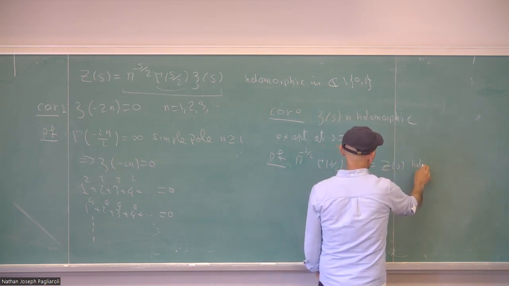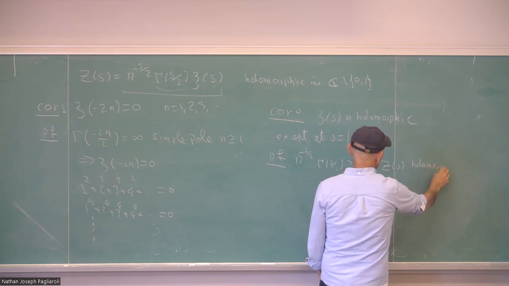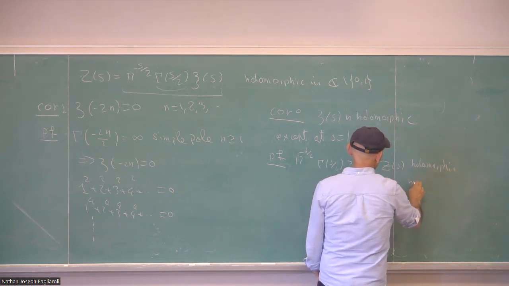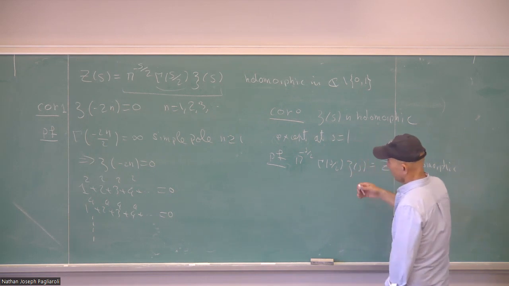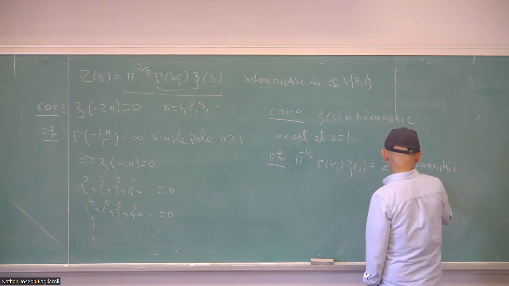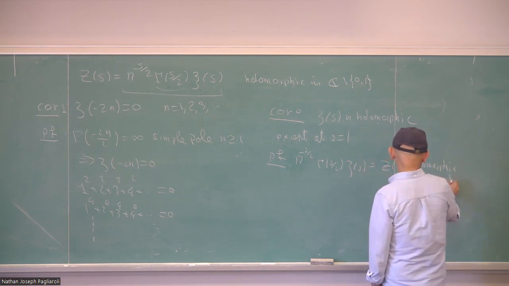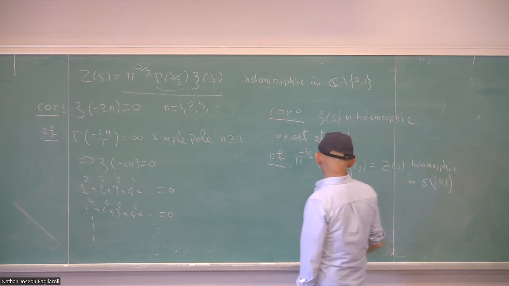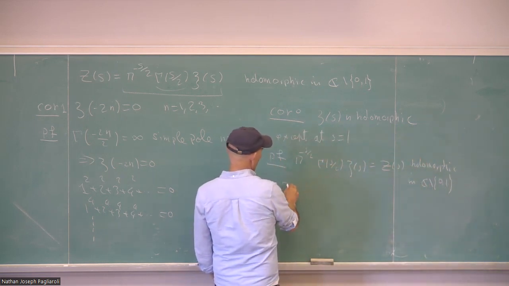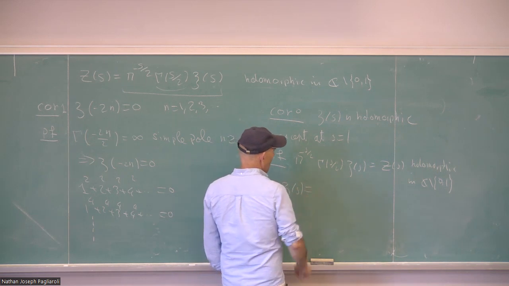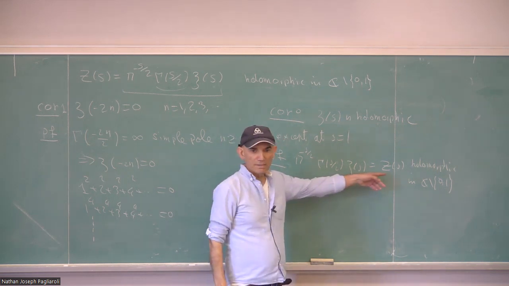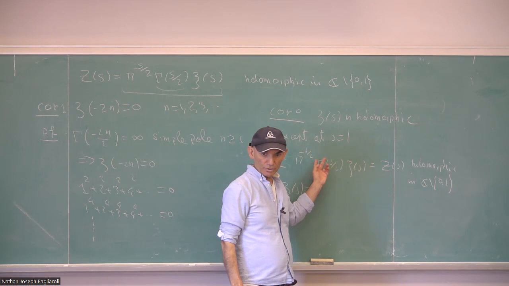This is holomorphic in C minus 0, 1. So what we want to do is write zeta of s as Z of s divided by this function.